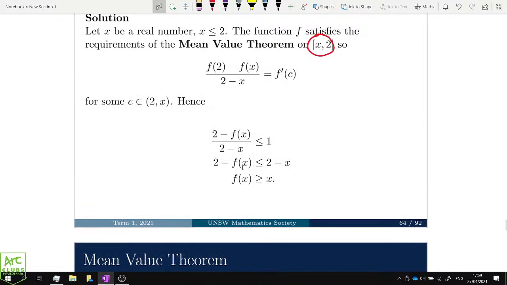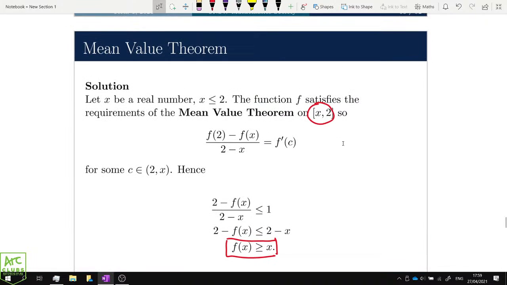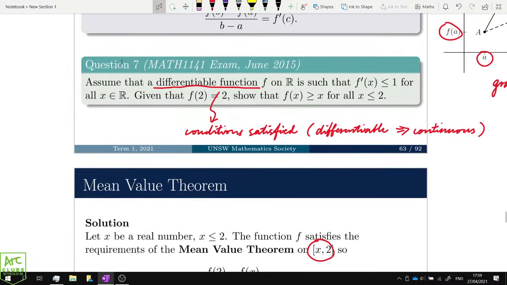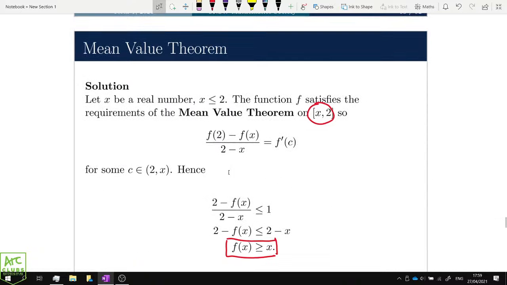Rearrange the function, and we end up with exactly what we need. Right, so that's pretty straightforward as well. As you can see, the hardest part about this question is to identify the fact that you do need to apply the mean value theorem, but the calculation itself isn't really difficult.